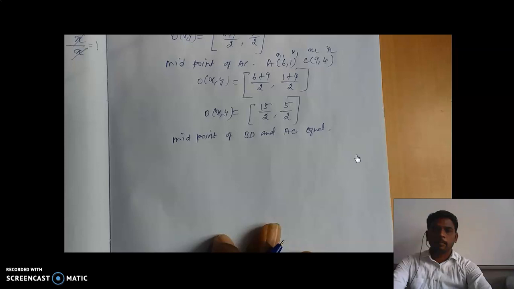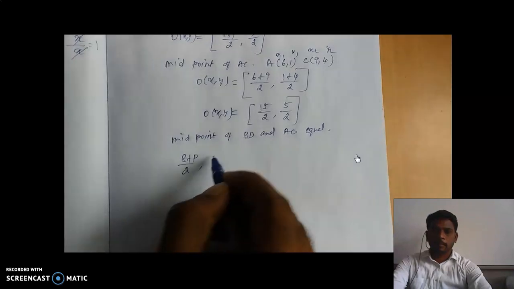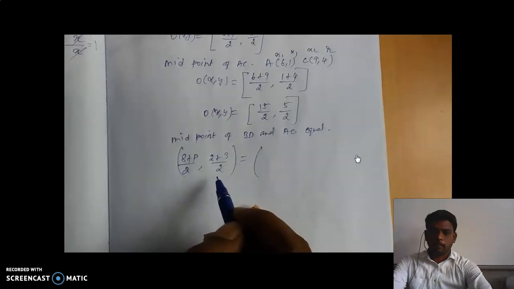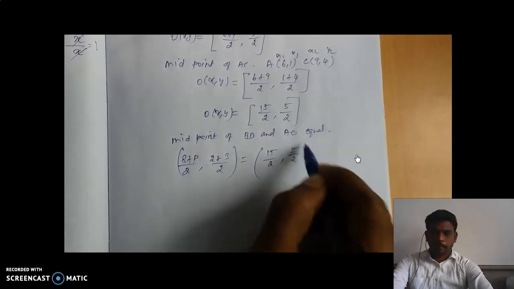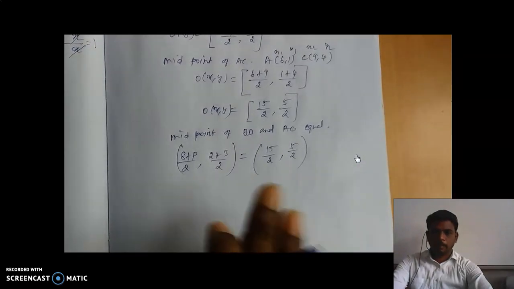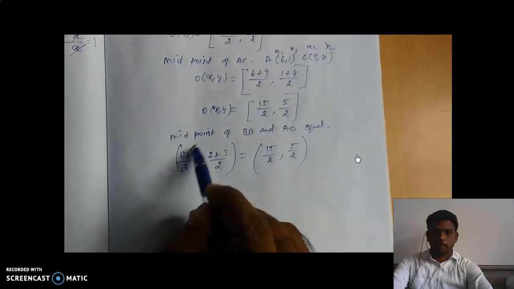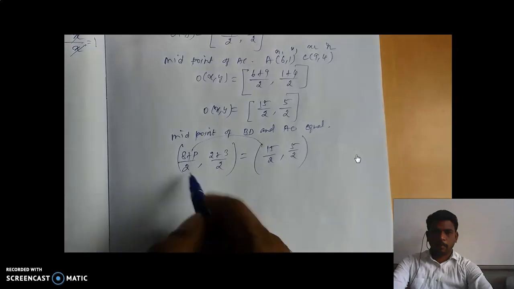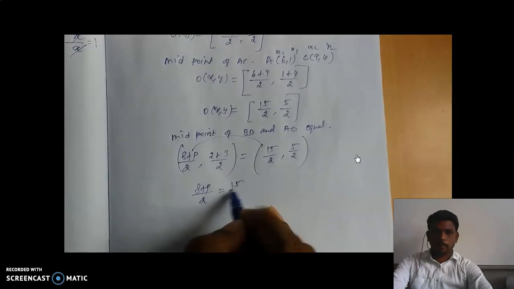The midpoint of BD is 8 plus P by 2, 5 by 2, and the midpoint of AC is 15 by 2, 5 by 2. Now these two coordinates are equal. Therefore the corresponding x coordinate and y coordinate are both same. Now here P is in the x coordinate, so it is enough to equate the x coordinate alone. So 8 plus P by 2 equal to 15 by 2.